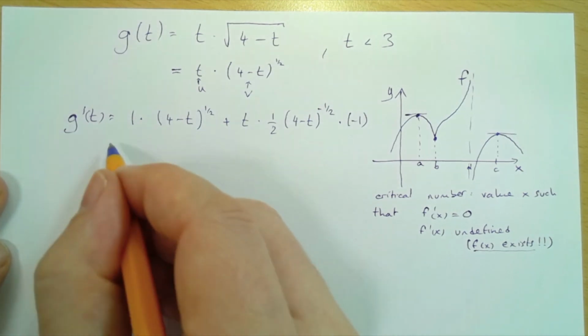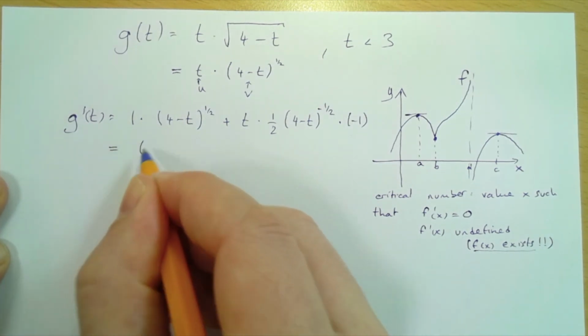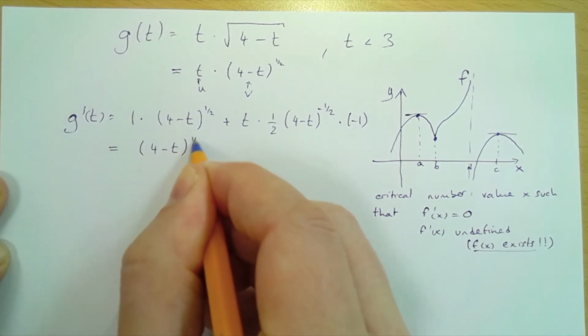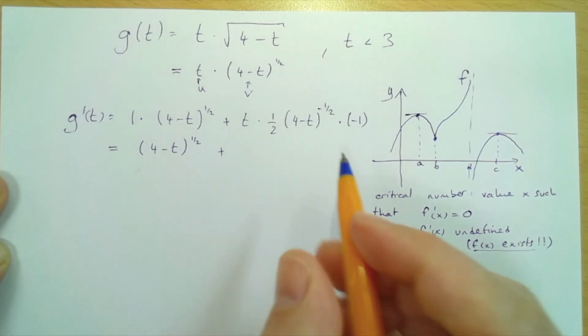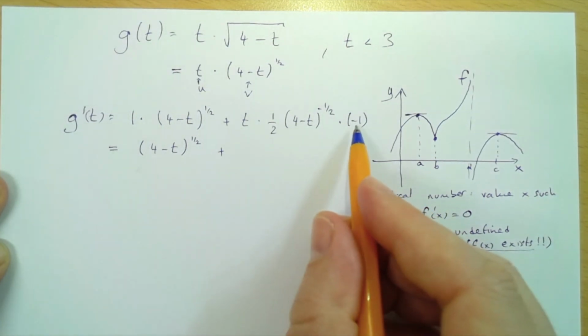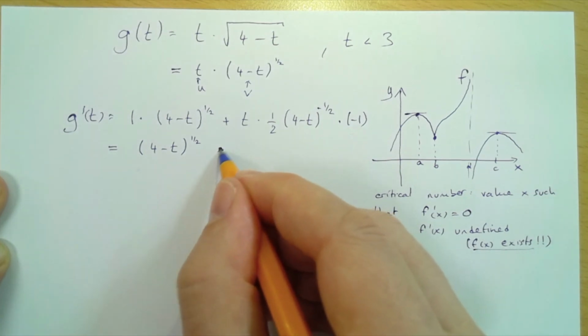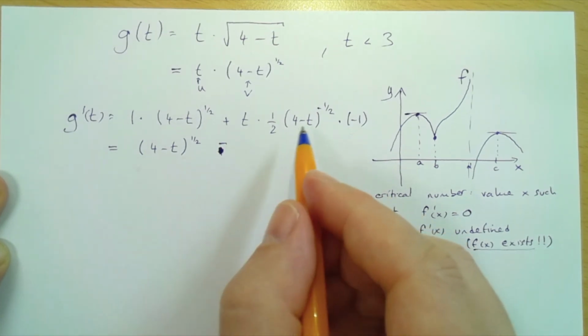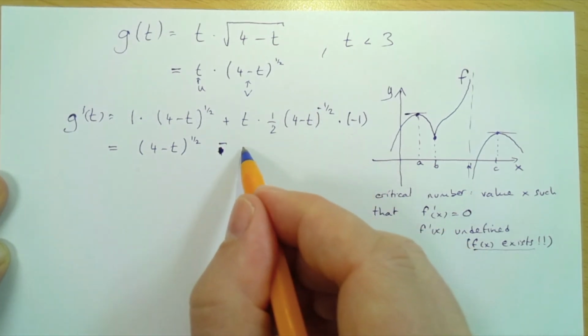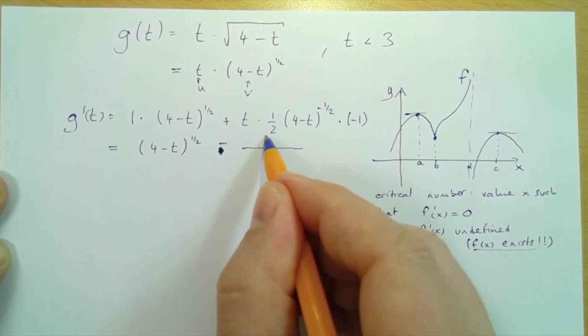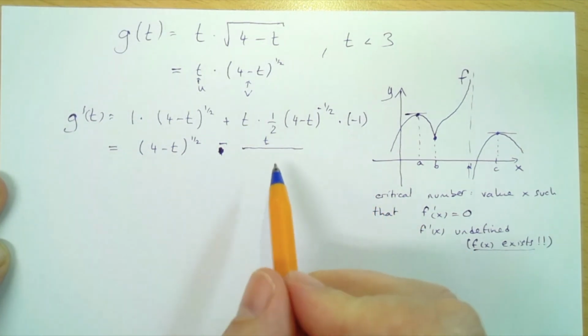So let me clear things a little bit. This is 4 minus t to the 1/2 plus, actually minus, I'm going to take the negative 1 here and put a minus, and there's going to be a fraction here. T is on top, but what is at the denominator?